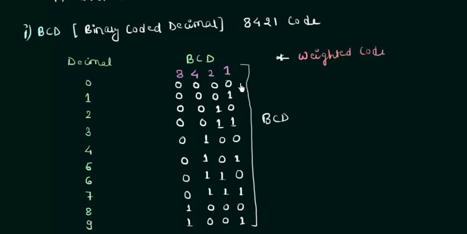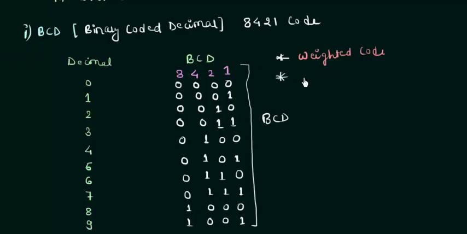The excess 3 code and gray code are not weighted codes, they are unweighted codes. We will see why we call them unweighted, and there is nothing special in them, because by the name it is very clear that the positions do not have weight. Here the positions have weight, but in those cases they do not.